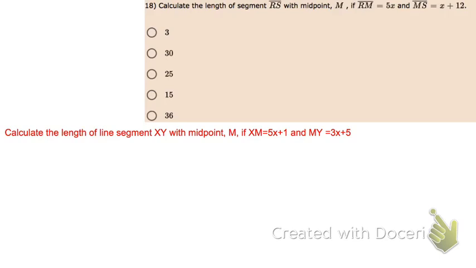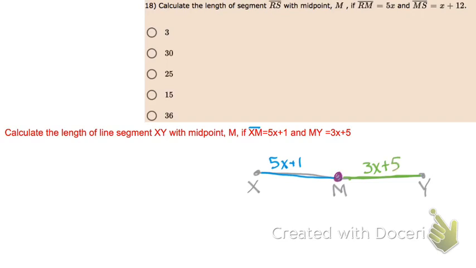So again, I'm just going to draw that from X to Y. And they're telling us that there's a midpoint, a middle point, M. Now they're telling us that XM, from X to M, sorry I didn't put a line, is 5x plus 1. And from M to Y, that's 3x plus 5.